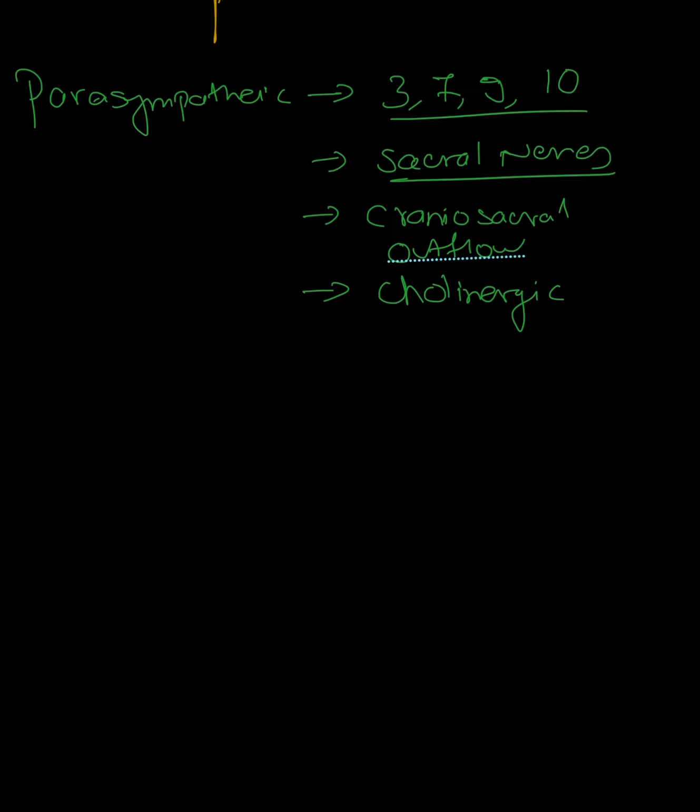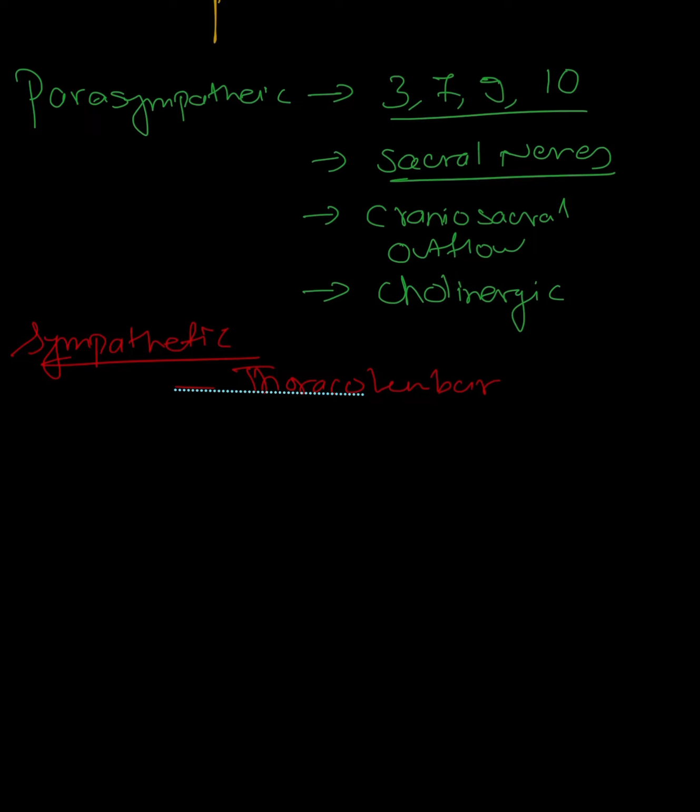Then comes sympathetic. Sympathetic constitutes spinal nerves and is also called the thoracolumbar outflow.